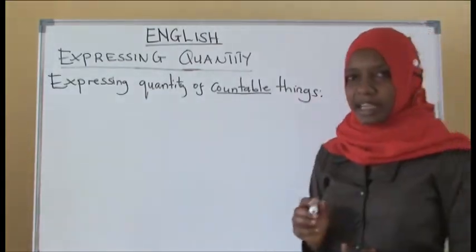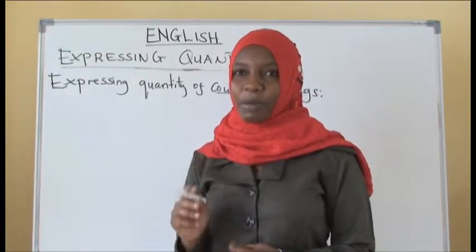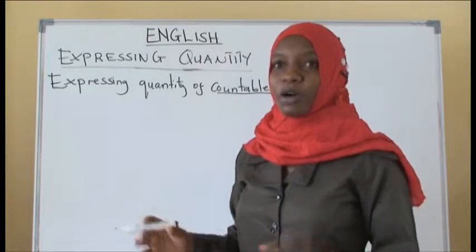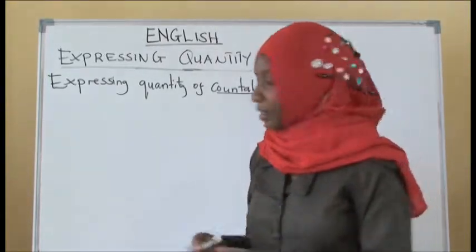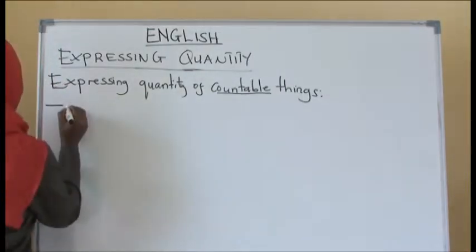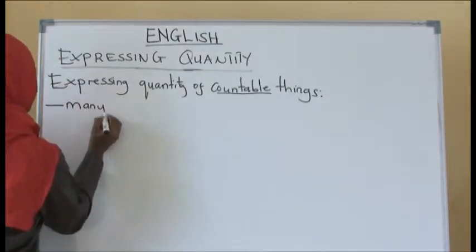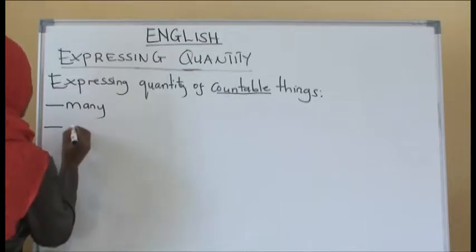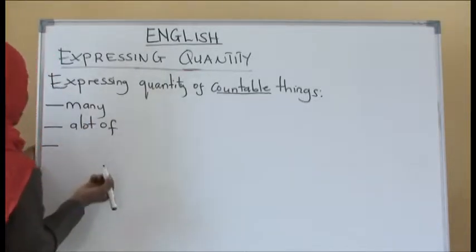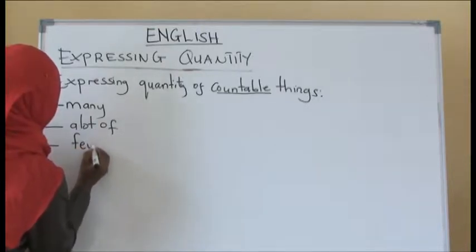So in expressing quantity of these things, we normally use three words, either in making questions or in answering questions. Words that are used in expressing quantity of countable things, we have the word many, we have the word a lot of, also we have the word few.